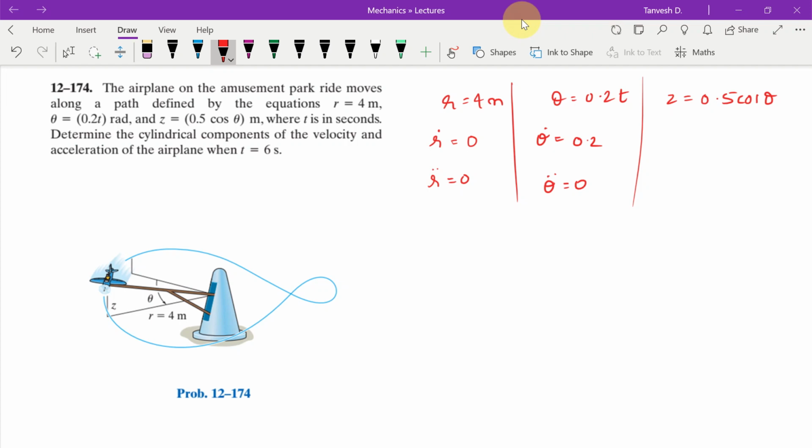Z is in the vertical direction. What we had seen in the derivation of these cylindrical components was a 2D case, with only a radial direction and a theta direction on a 2D planar surface. But if we give depth to it, that would be the z direction, and of course the particle can also travel along that direction.